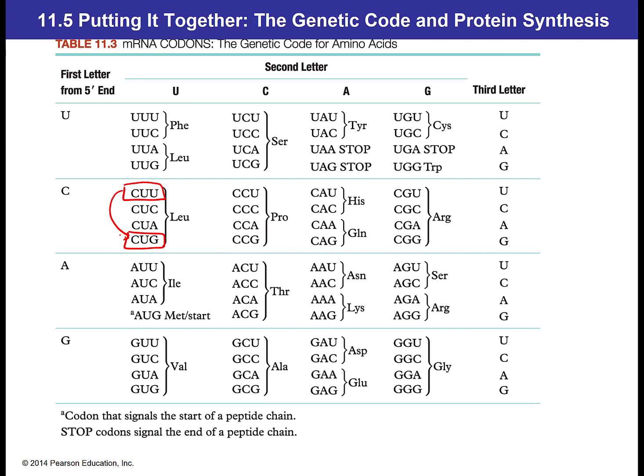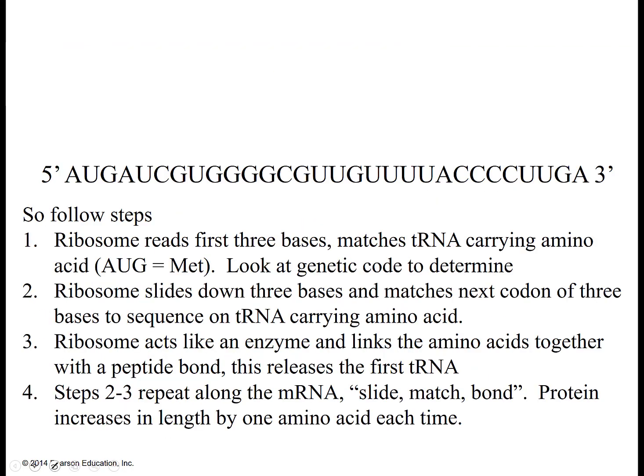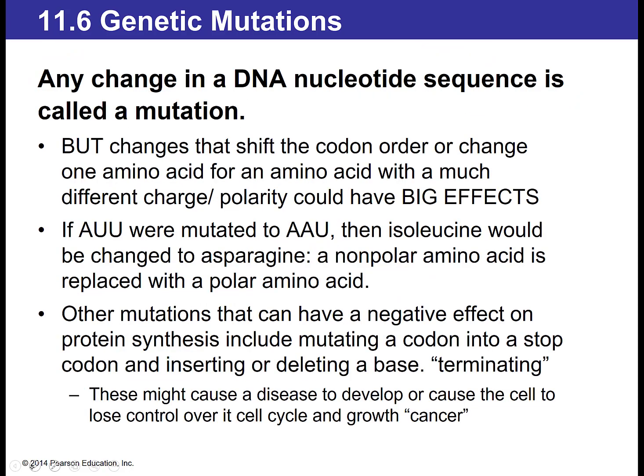But what happens if you have a code that changes the amino acid? The example I give you is sickle cell. So what do we say happens in sickle cell? Sickle cell is a single gene mutation where you had an amino acid that was polar and was changed to a non-polar amino acid. That amino acid, remember, would be on the outside.